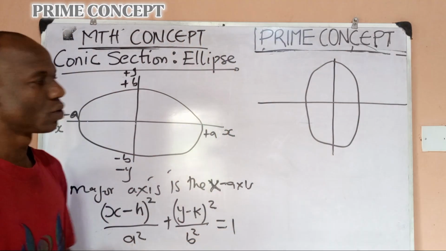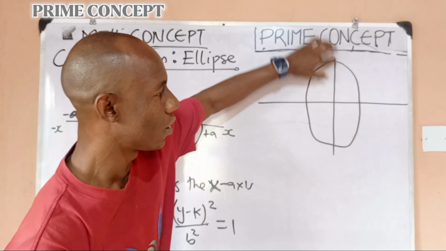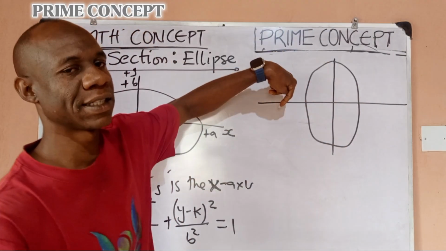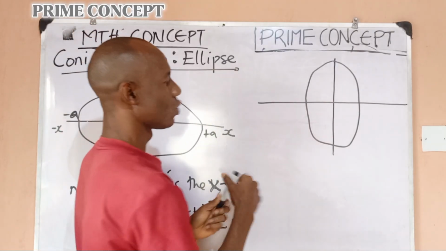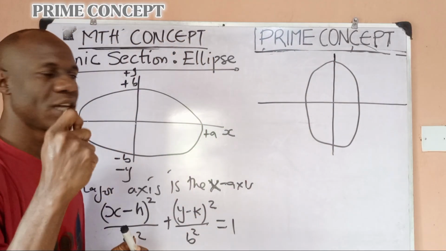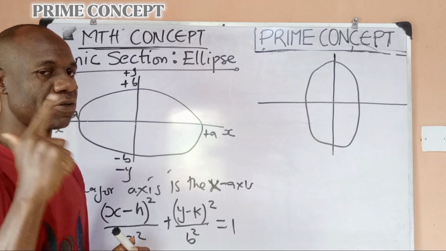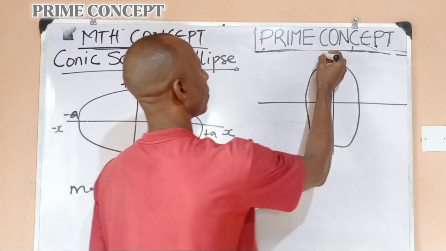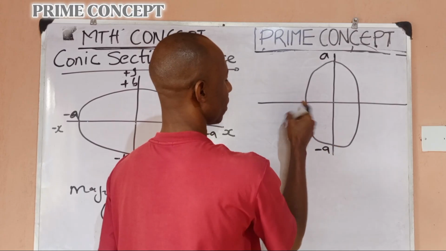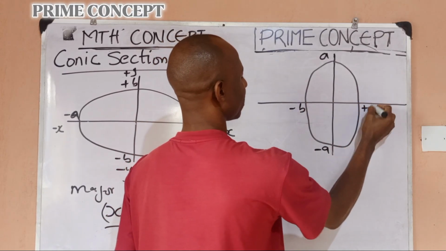Now in this case, you will notice that the length along the y-axis is longer than the length along the x-axis, right? So when we want to label this, remember the longer length is always where you label with the value a. So I'll call this positive a, negative a, and this negative b, and positive b.